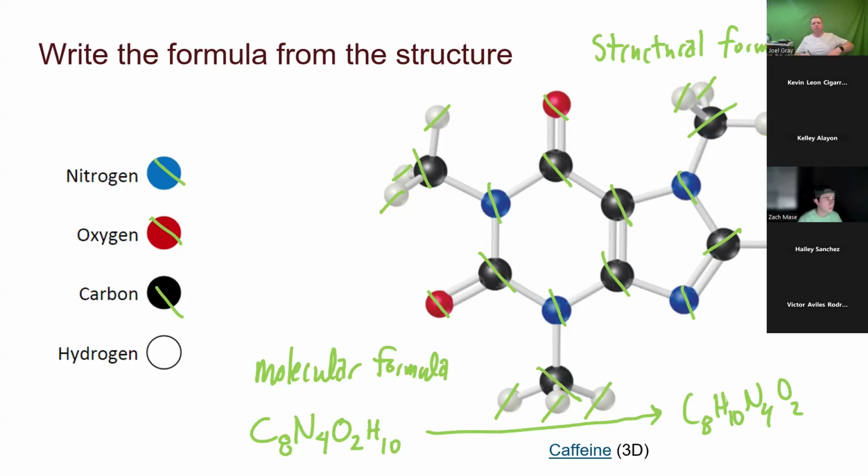There are some general rules, and typically the first element that's listed is the one that's farthest left on the periodic table.